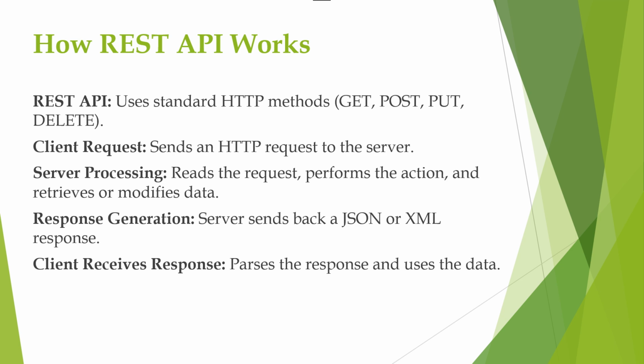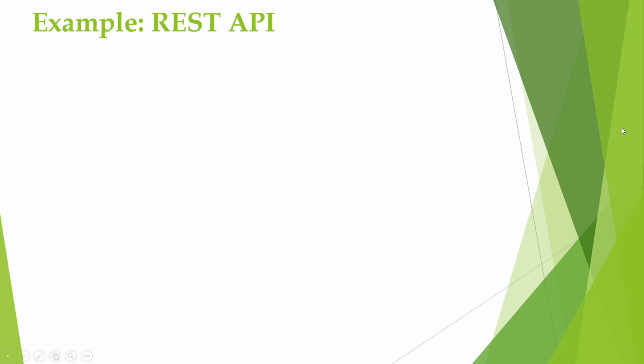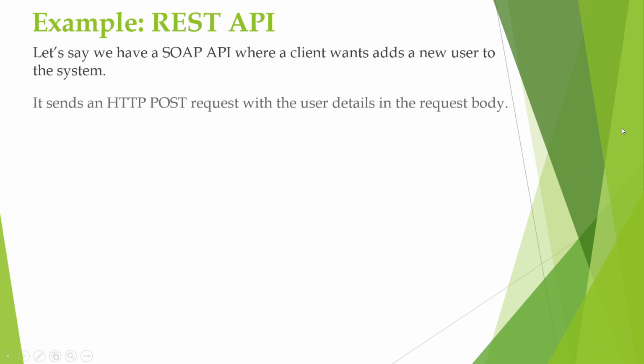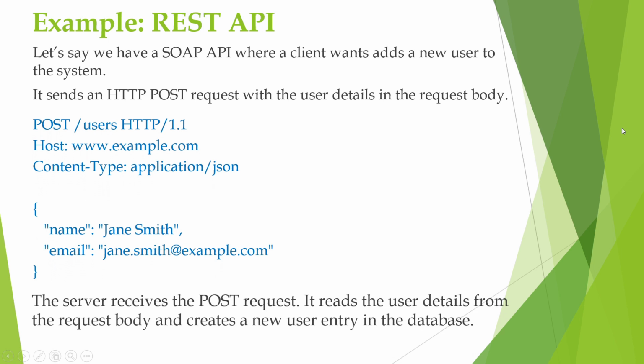Now let us see an example wherein the client adds a new user to the system. When the client wants to add a new user to the system, it sends an HTTP post request with the user details in the request body. The HTTP post request would look like this. The server receives the post request and reads the user details in the request body.